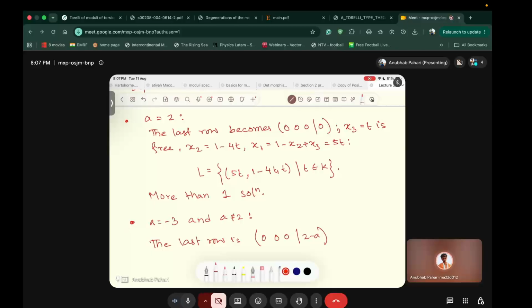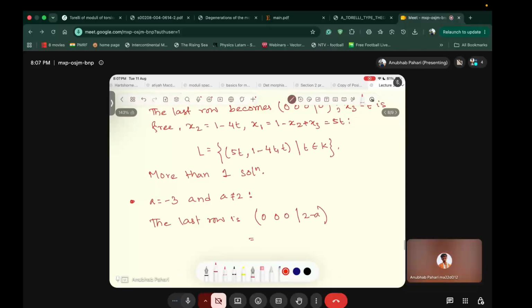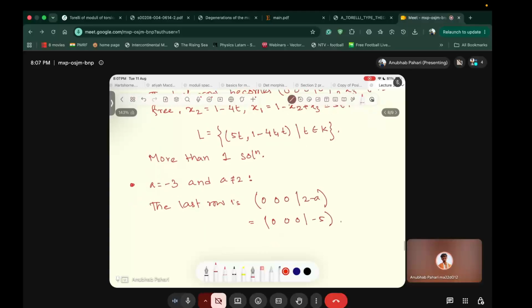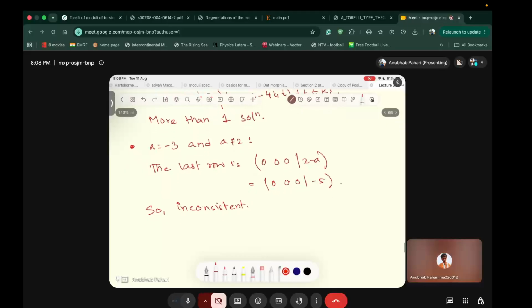So it will be 0, 0, 0, minus 5. So inconsistent. Yeah, so we are done.